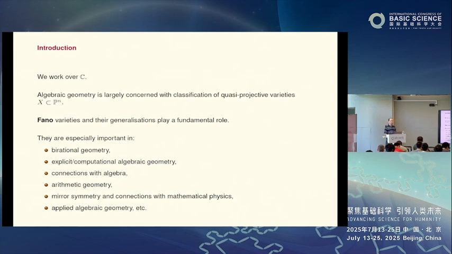First, I will work for simplicity over the complex numbers, although this is not really necessary. Many things make sense over other fields, but for now, that doesn't matter too much. And remember, at least for the students, that algebraic geometry is basically about studying or classification of quasi-projective varieties.